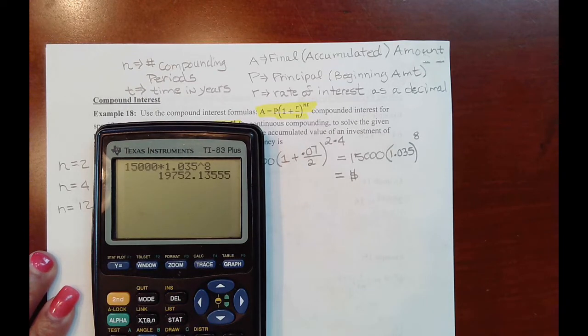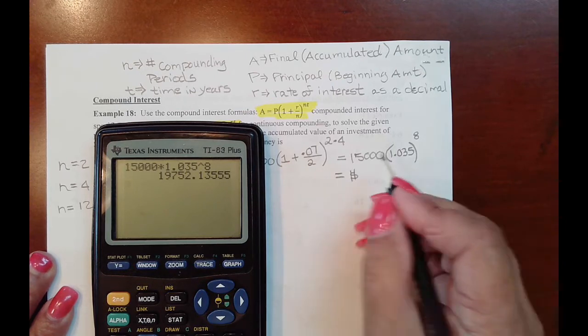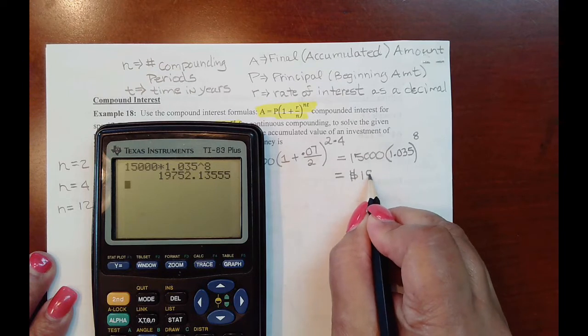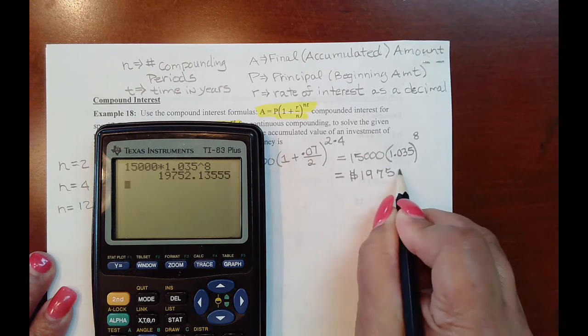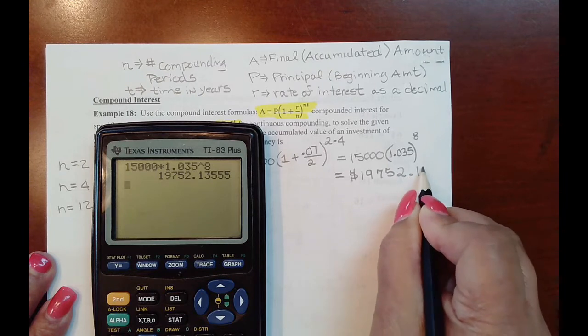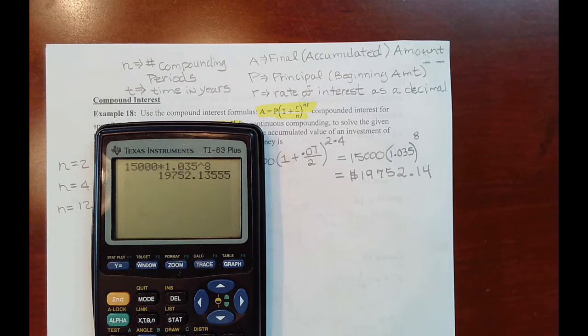And so under those conditions, being compounded semi-annually, starting with 15,000, a rate of 7%, and leaving it in for 4 years, you end up with an accumulated amount of $19,752.14. If anybody then asks another question on top of that, like for instance, how much interest did the person earn?